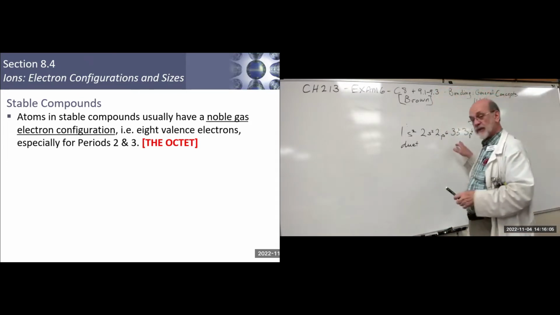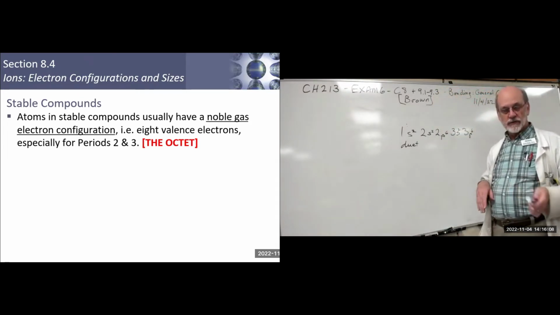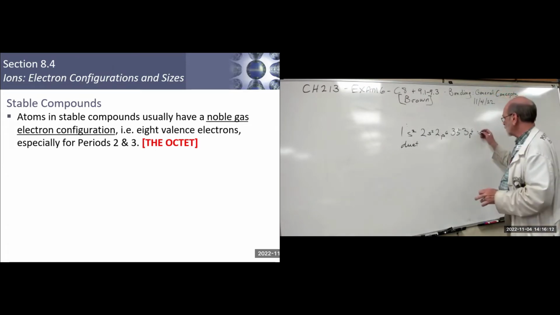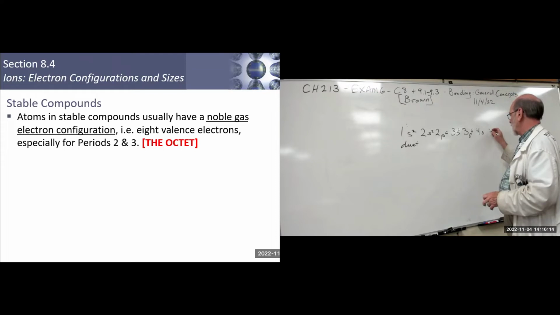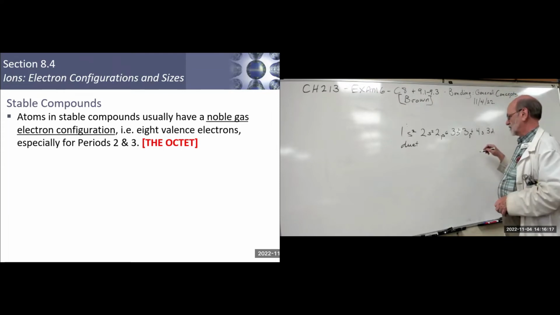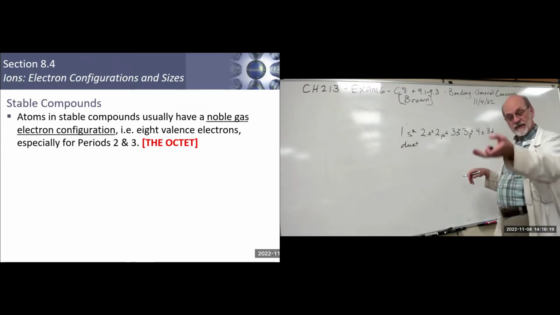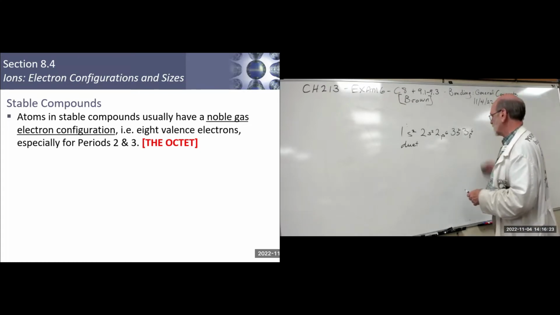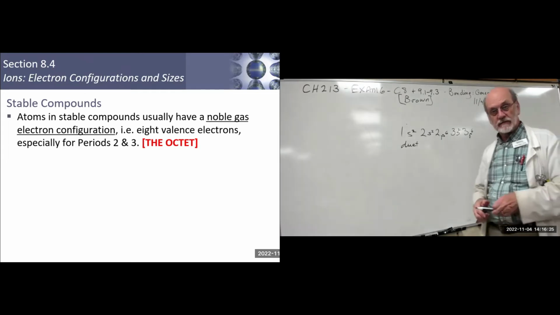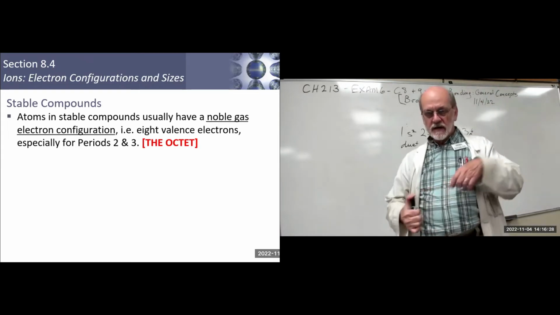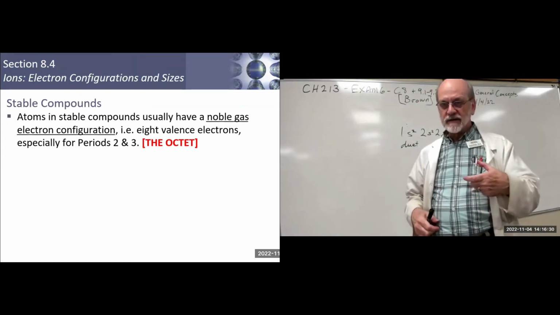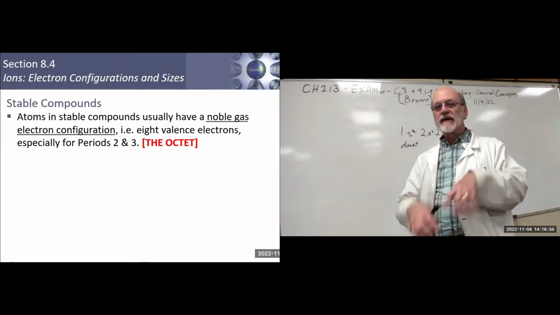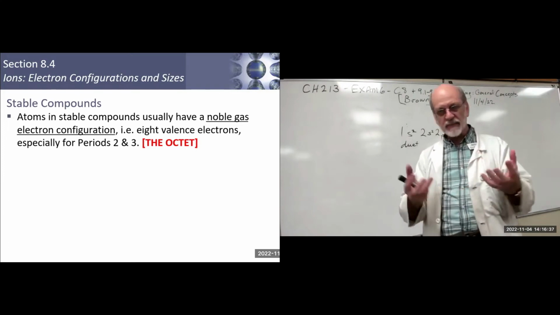Now remember that the third period does have access to 3d's, but in order to get to 3d's, we've got to go through 4s's, and then we get to 3d's. Right? And that happens in the fourth period. So as long as you stay in the third period, you can talk about octets as the target electron configuration for a satisfied atom in a molecule bonded to somebody else.